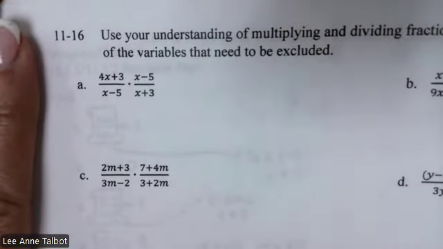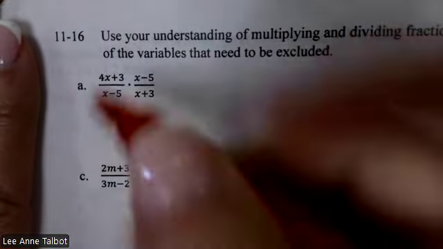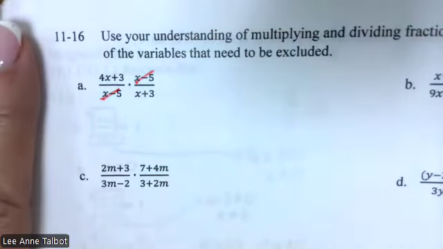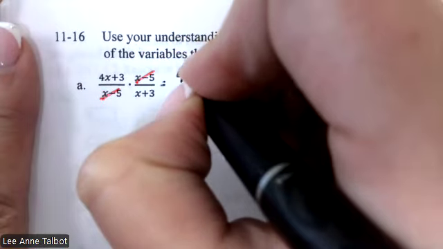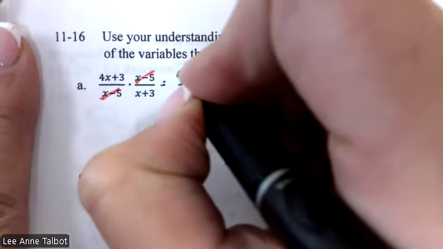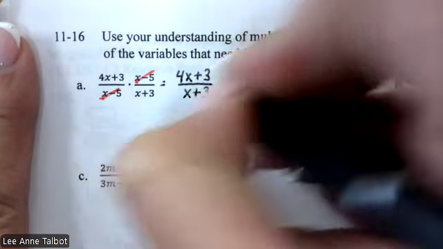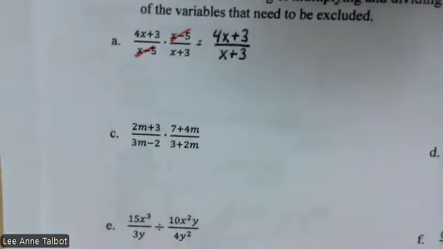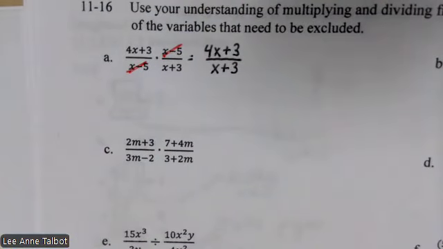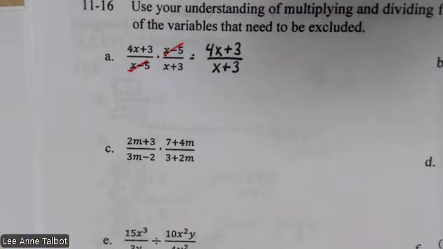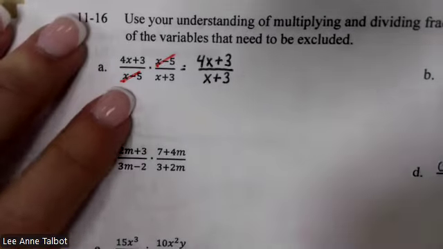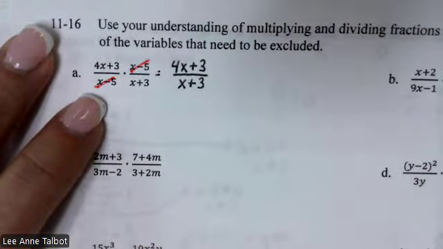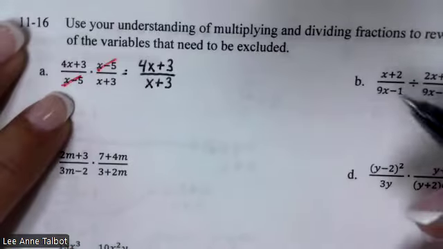Okay. So for A, the first thing I notice is that I have a 1 on the diagonal. So I'm going to cancel that. But I want to make sure everyone in here knows that you cannot cancel out the X's and the 3's. That is not a legal move. Now, this particular set of directions also says state any values of the variable that need to be excluded.